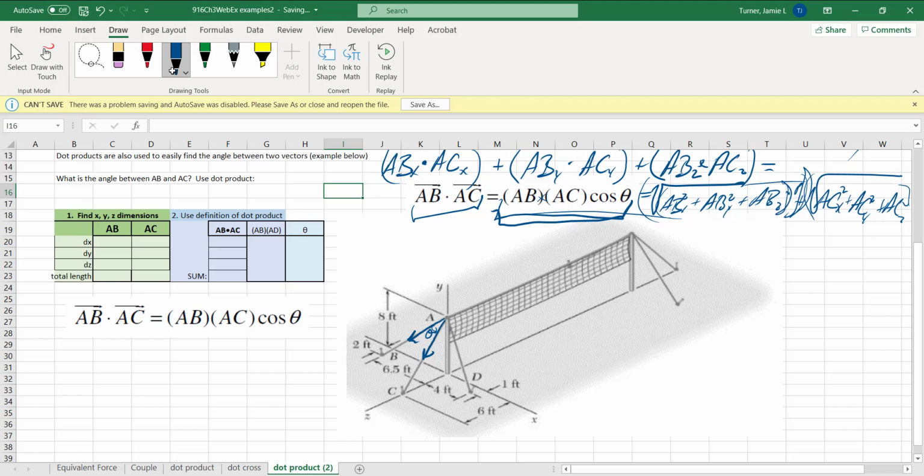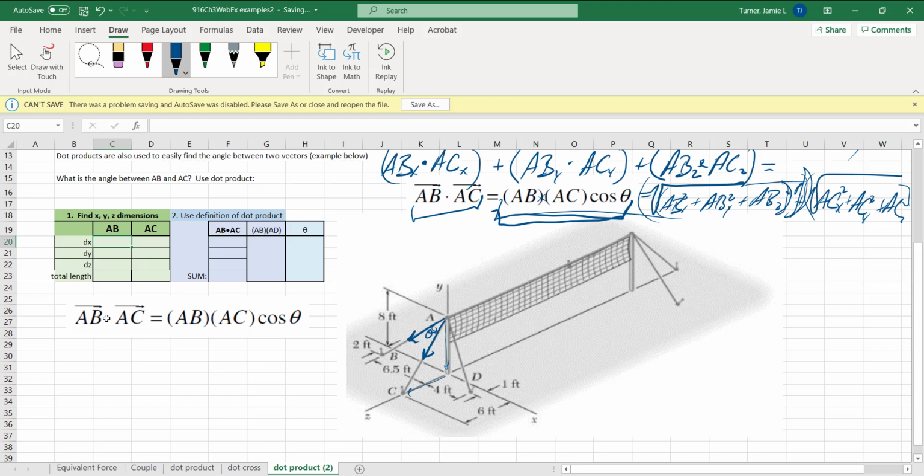Okay, so I'm going to split AB into its x, y, z components, and then we'll split AC into x, y, z components. You can see that C is coming just straight down the pole and straight forward. So let's get the x, y, z components, and then we will crank through this dot product. Okay, AB, if you see the x direction here, we're going from the origin backwards.